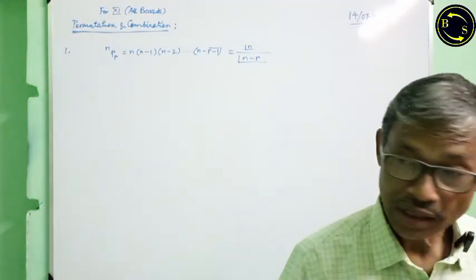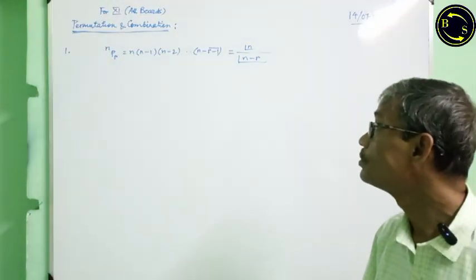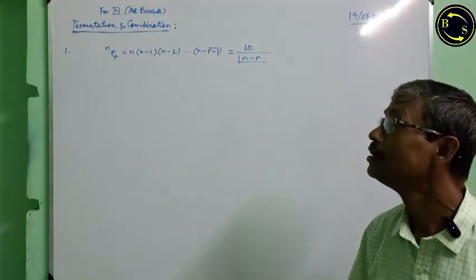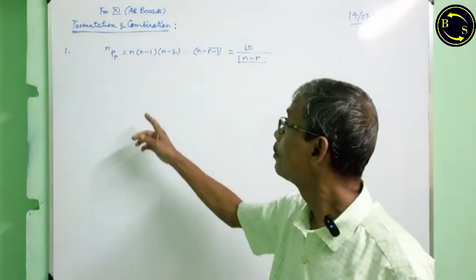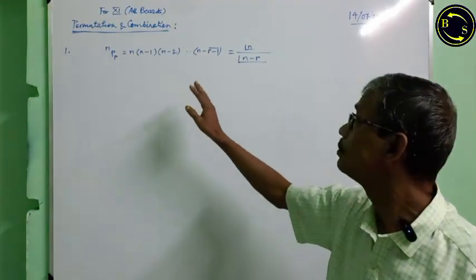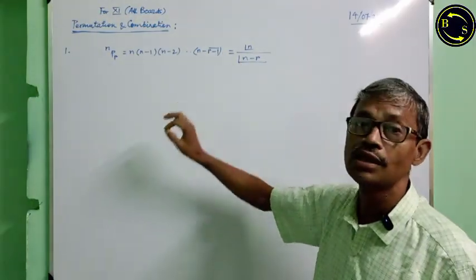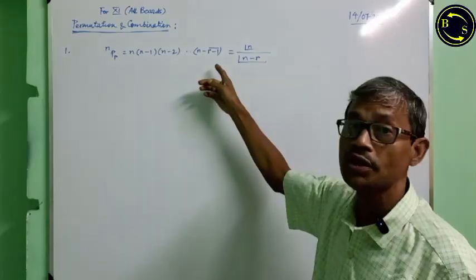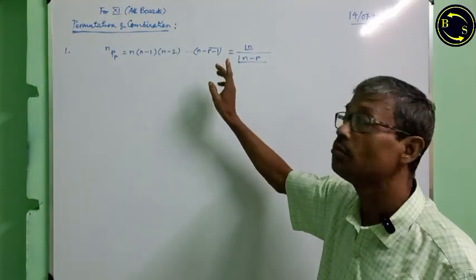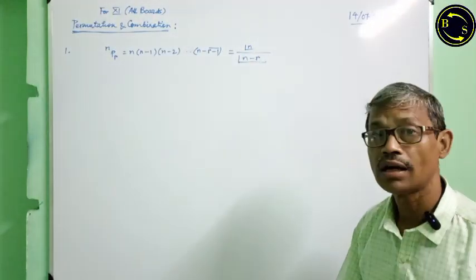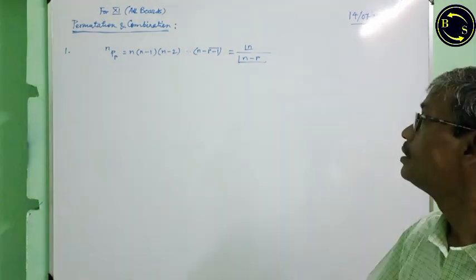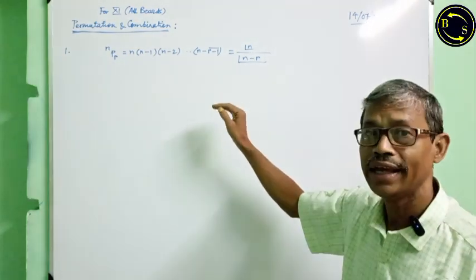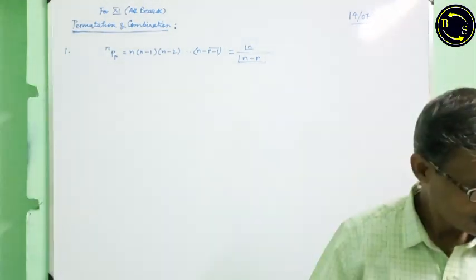Today I shall continue the chapter or topic permutation and combination. In the last episode I deduced nPr is equal to the product n, n minus 1, n minus 2, up to n minus r plus 1. If I use the bar bracket, then n minus r minus 1, which is equal to factorial n by factorial n minus r.